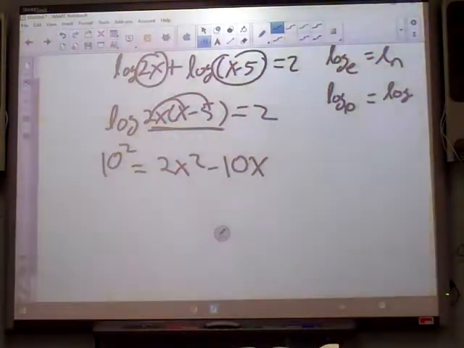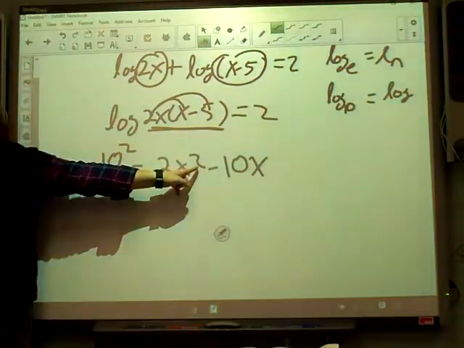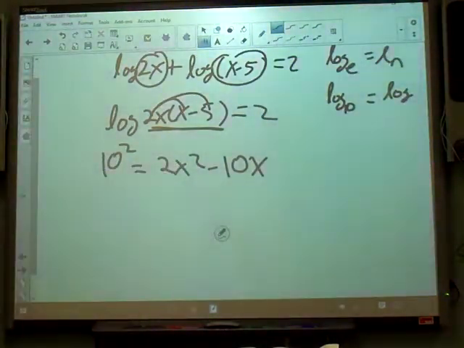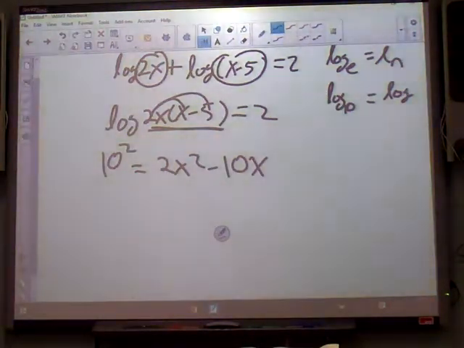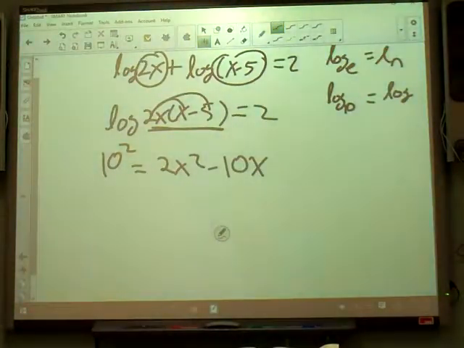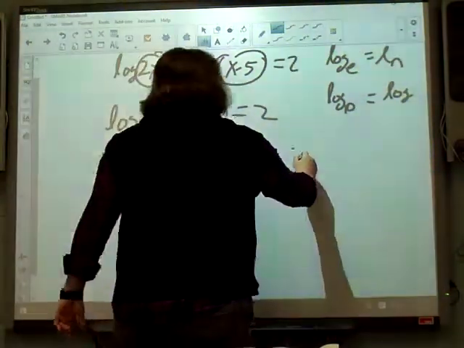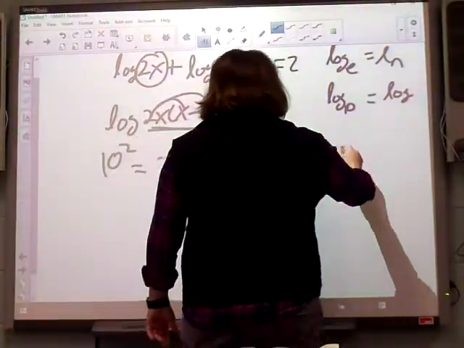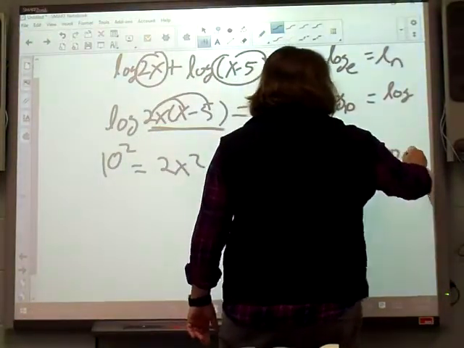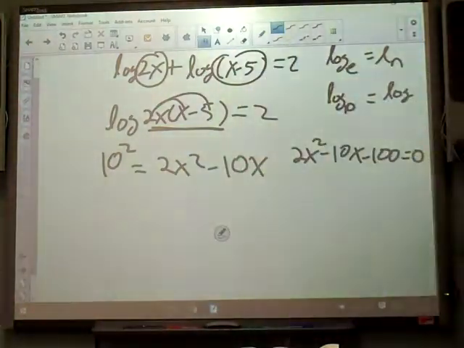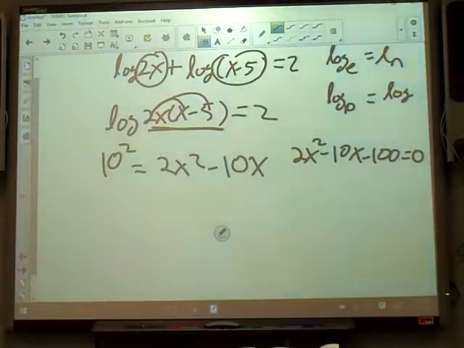Okay, 10 squared. We got a hundred there, right? Now, we have a quadratic. When we solved quadratics in the first semester, what did we always have to set them equal to? 0. So I need to move that 100 over. So this is going to be 2x squared minus 10x minus 100 is equal to 0. Where'd the 100 come from? 10 times 10, 10 squared.